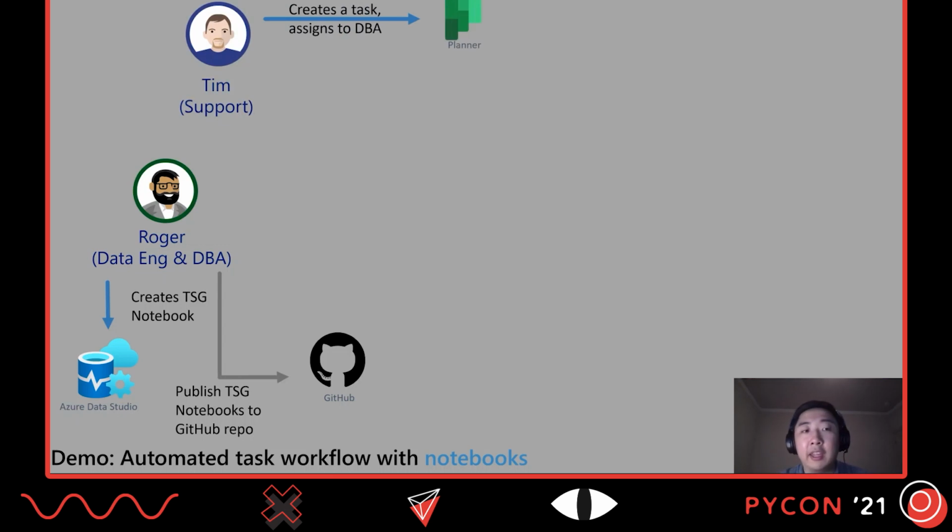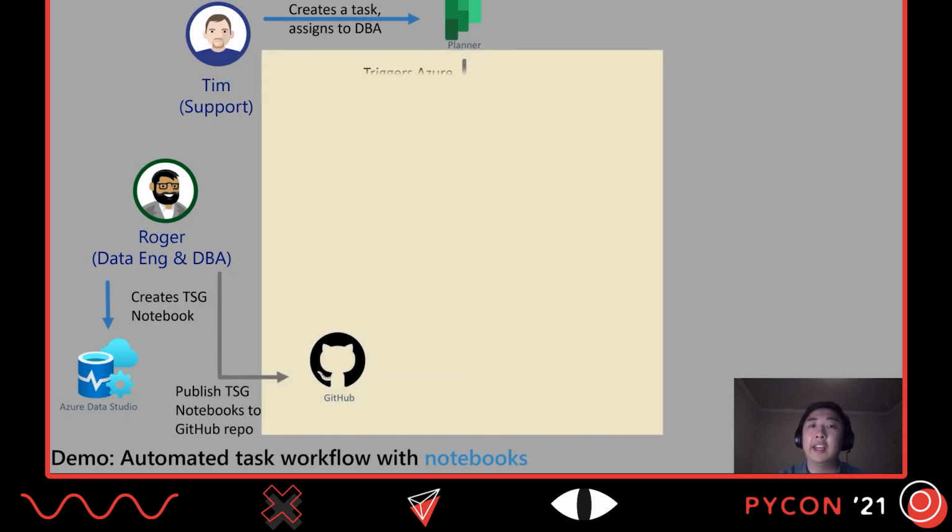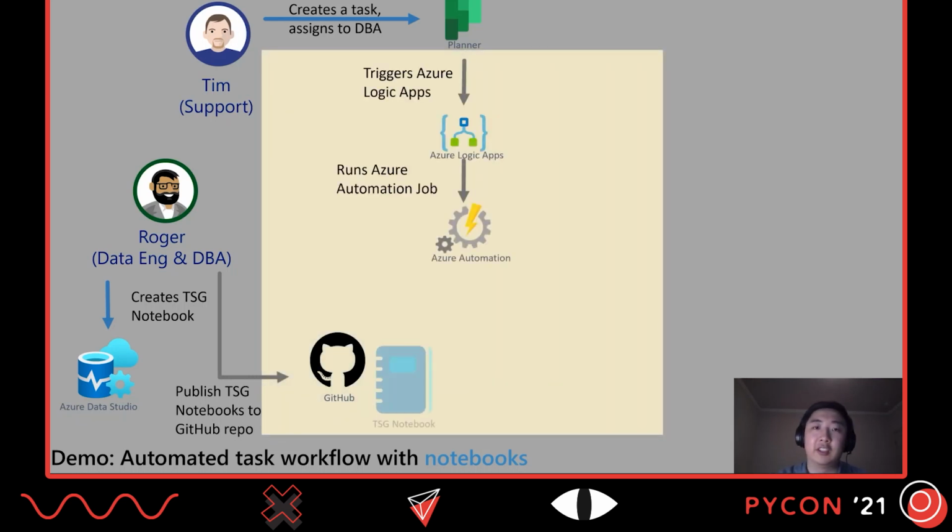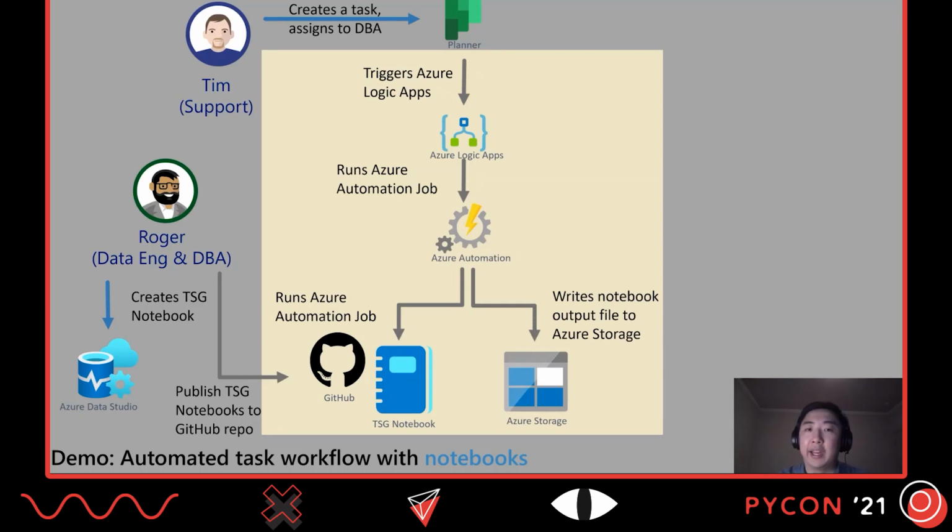Then we think about Tim, who is on the support team, where he creates a task and assigns it to a DBA, and then it triggers actions across a certain pipeline and leads to this automation, where at the end of it, it will create a troubleshooting guide notebook, or an output file with this notebook, that can then be shared with other people on the team, such as by adding a URL to this notebook output.